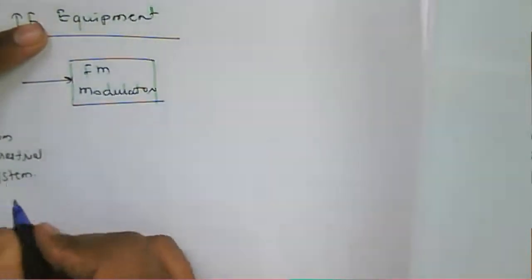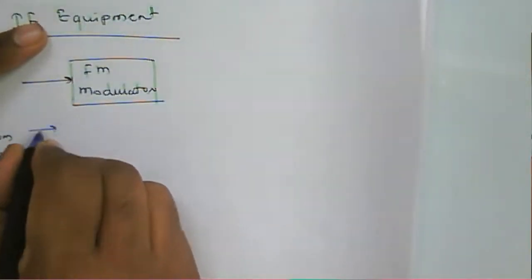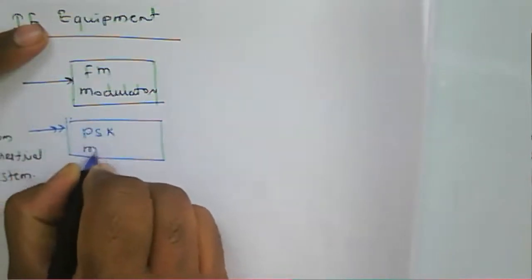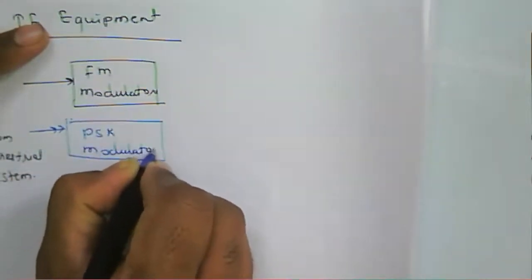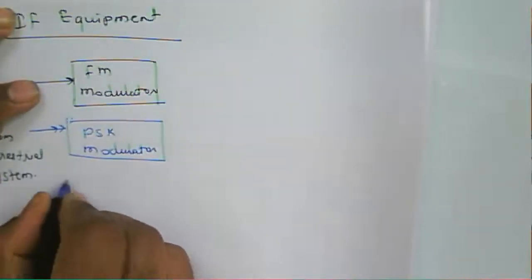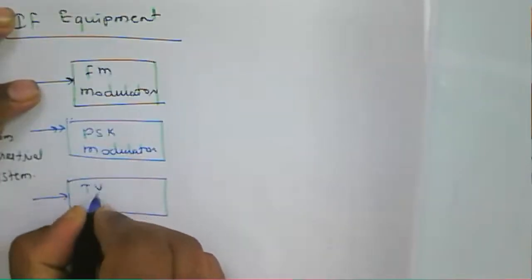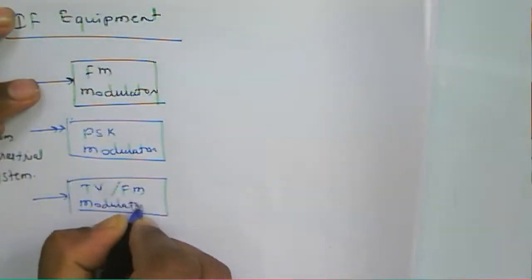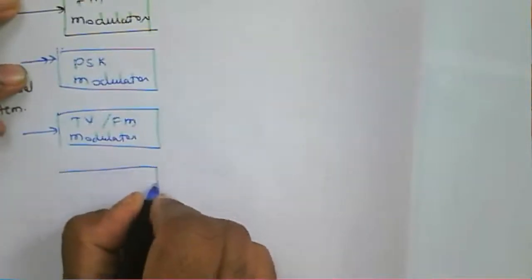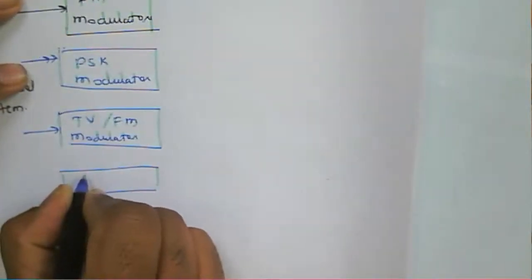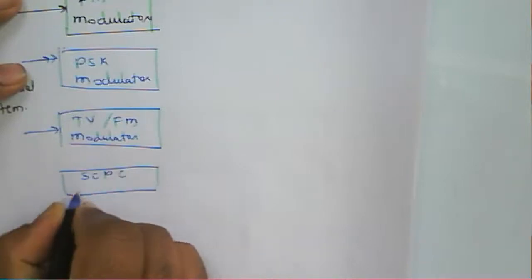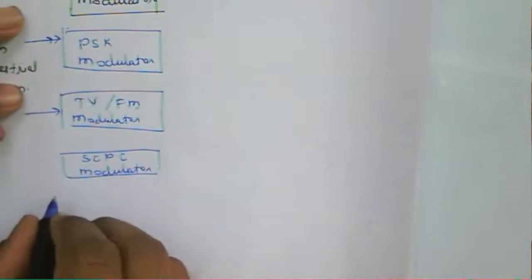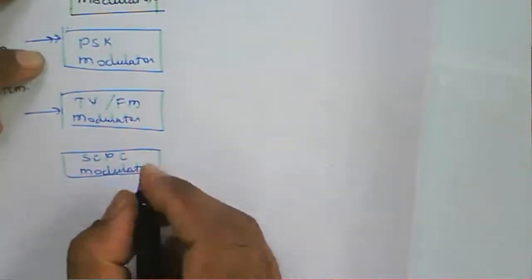then we have the PSK modulator, then the TV oblique FM modulator. Then we have the SCPC modulator, a single channel per carrier modulator.